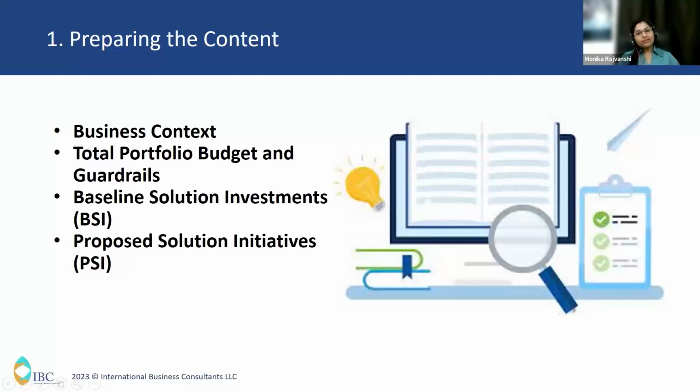After that, this proposed solution initiative is the thing where we actually play the game, I should say, because these are the new initiatives which come in front of the whole participatory budgeting team.